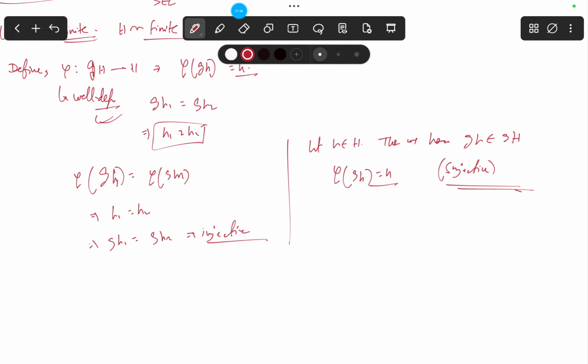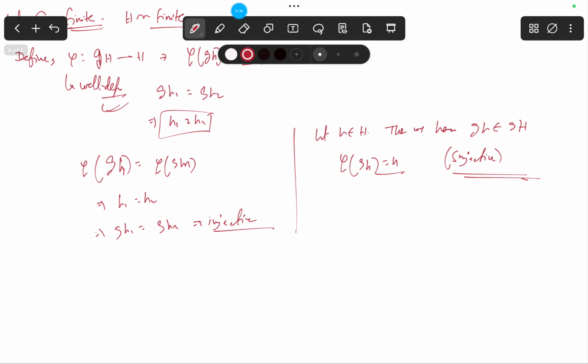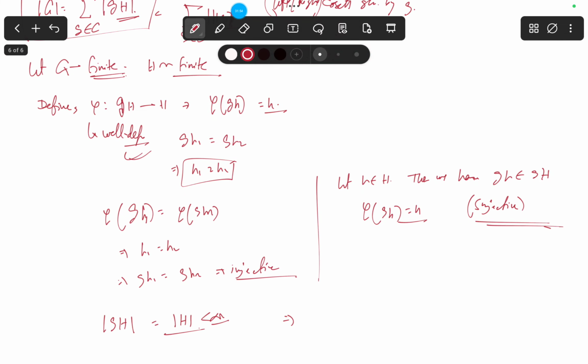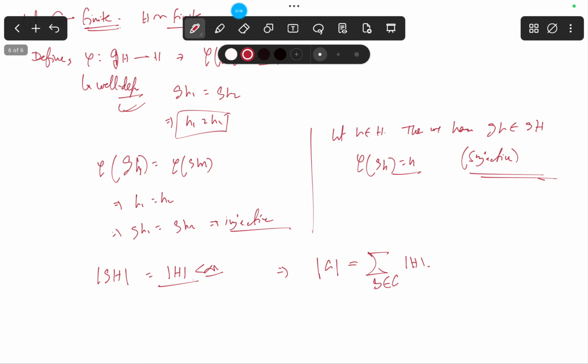Since it is bijective, we can get that the cardinality of gH is basically the same as the cardinality of H, and we have assumed that to be finite. Then which will imply that the cardinality of G is the sum over small g in capital G of the cardinality of H. Now how many cases will there be?